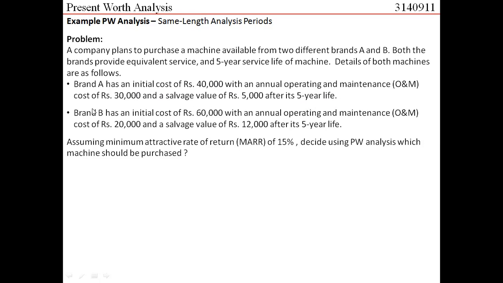On the other hand, brand B has an initial cost of 60,000 with an annual operation and maintenance cost of rupees 20,000 with a salvage value of 12,000 after 5 years.